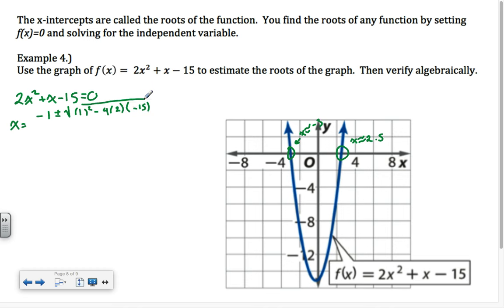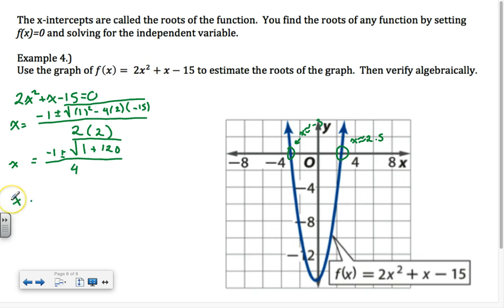I'm going to take that square root and put it all over 2 times a, which is 2. Now let's start cleaning it up a little bit. You get negative 1 plus or minus the square root of 1 squared, which is 1, minus 4 times 2 times negative 15, so this is negative 8 times negative 15, which is 120, so this would be plus 120, all over 2 times 2, which is 4.